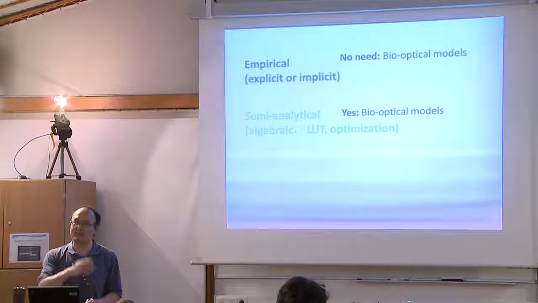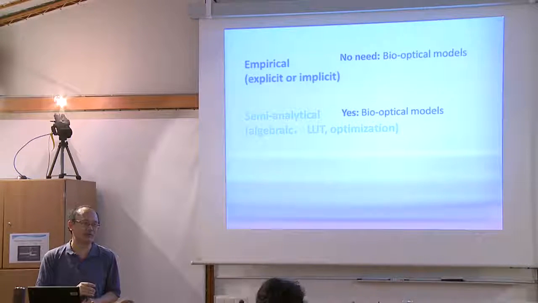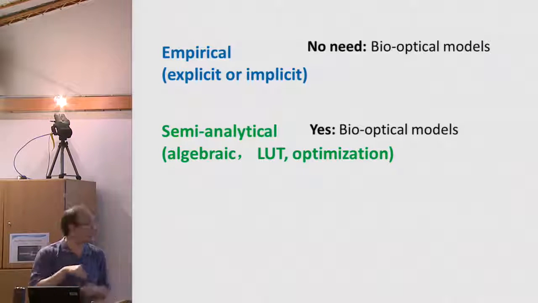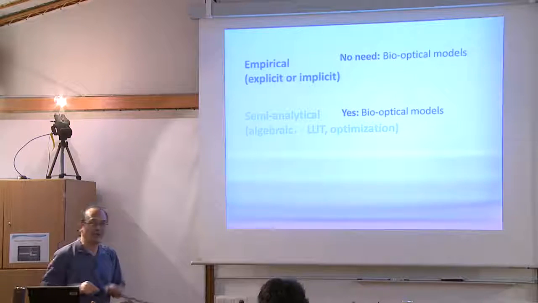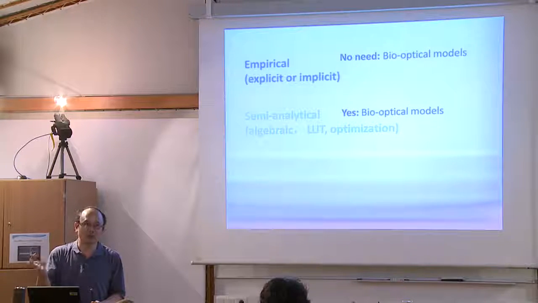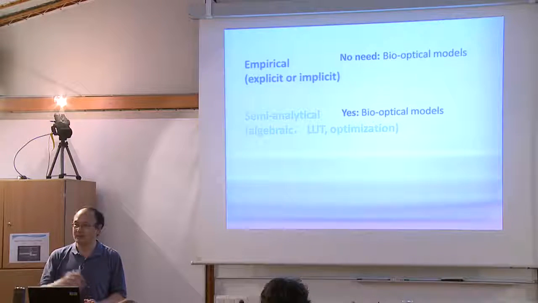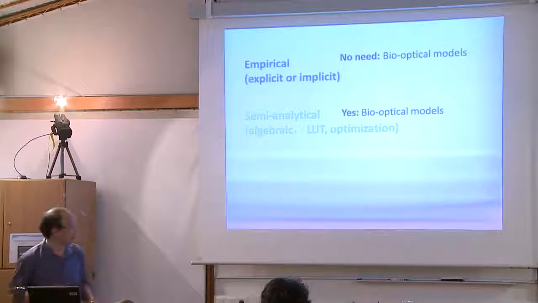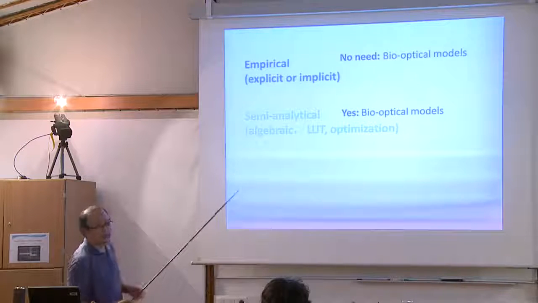When you get time, you can play with that yourself. And again, the key thing is you have to have a large data set in order to train the neural nets, or get the regression of that empirical relationship. But that's not our focus today.